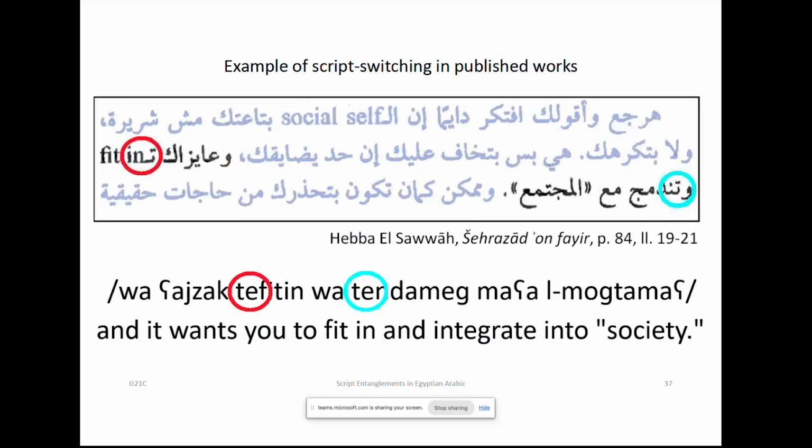In this specific case, entanglement between scripts reflects deep entanglement between languages and cultures. So this is a very specific phenomenon where the Latin script is turned into a verb. The integration of the Latin script into Arabic thus appears to lead to a very high level of entanglement.